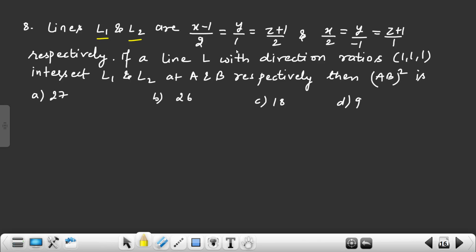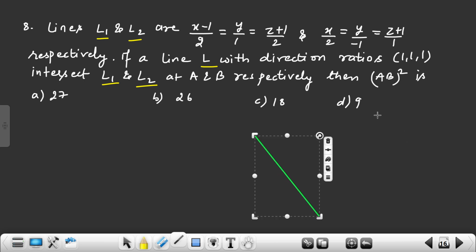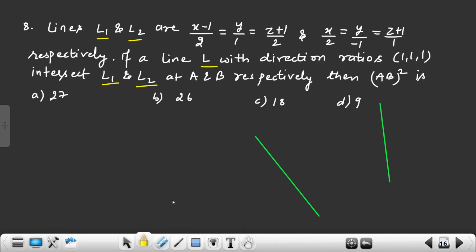L1, L2, two lines are given respectively. And the line L with the direction ratio 1, 1, 1 intersects L1 and L2 at A and B. So basically, let's suppose this is one line and this is another line, and there is one more line which intersects both the lines.